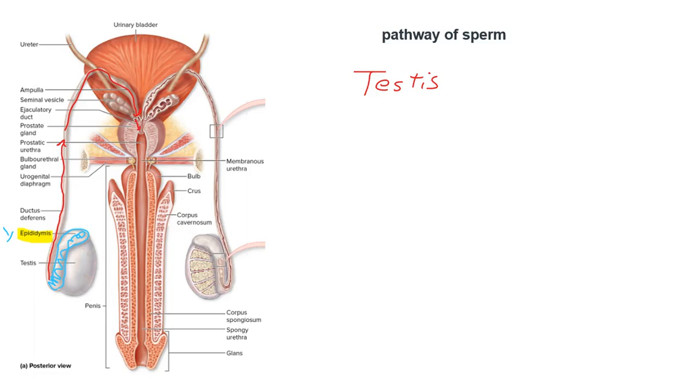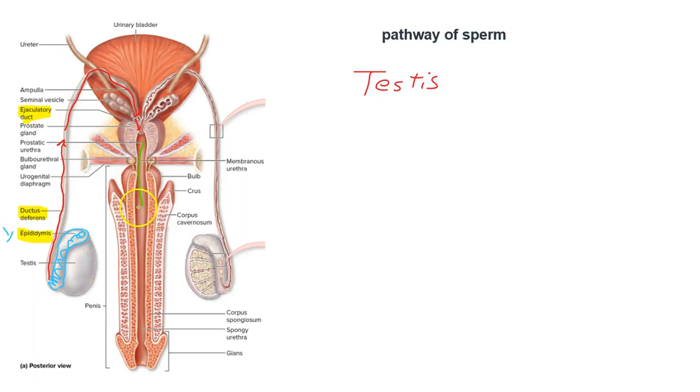So the next organ carrying the sperm is the ductus deferens, and then we have the ejaculatory duct, a very short duct found inside the prostate gland. And after the ejaculatory duct, we have the urethra, through which the sperm also passes.